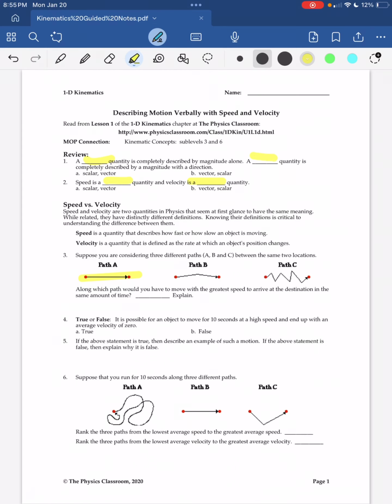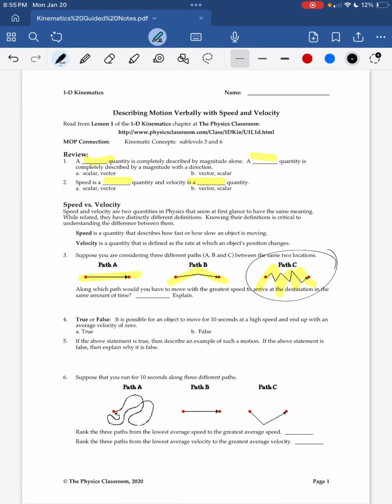Path B, they make this bent shape and they kind of go up and make a peak. And then path C, they are running back and forth everywhere. So which one of those do you think they have to move fastest along to get to the destination? So I hope that you picked path C as your answer, and then write an explanation for that there.